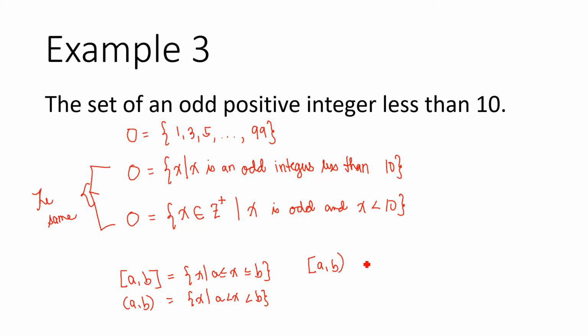So this means that you have the elements of x such that x is greater than or equal to a but less than b. Then we have also this interval, which implies that these would be the set of elements of x such that x should be greater than a but less than or equal to b. So these are half open intervals.